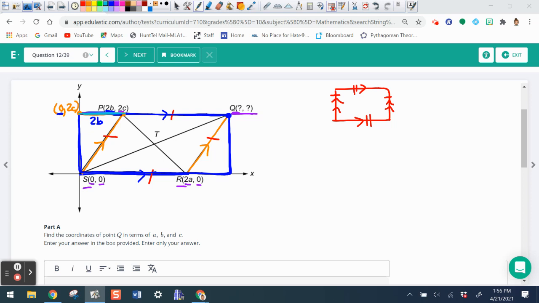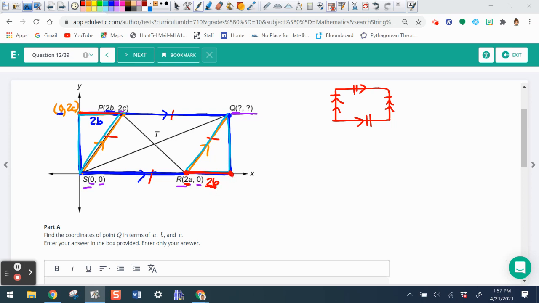Well, if you didn't guess it, this triangle that I added to our diagram is the same as this triangle over here. So if the length of this segment is 2b, the length of this segment also has to be 2b. That helps us, because if R is located at 2a and we're trying to figure out this coordinate here, and the length is 2b, we can simply add our x value 2a to 2b, knowing that the y value is not going to change.